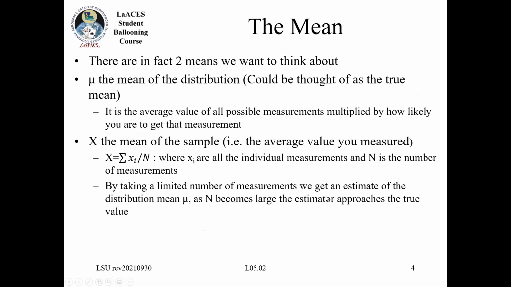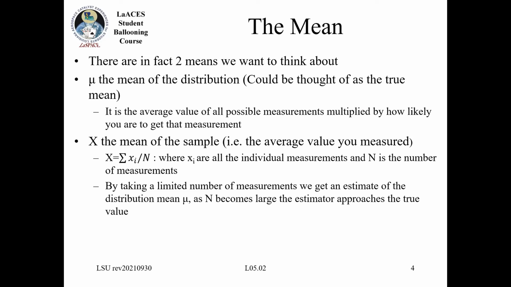Now, there's a key thing to realize about this mean here, right? This is not the mean of your measurements. This is the mean of the underlying distribution that you're randomly taking samples of, right? So if I was to take an infinite number of samples, I would be able to measure that mu value.